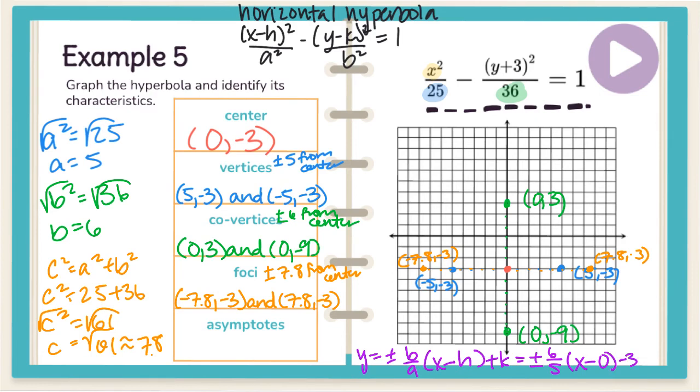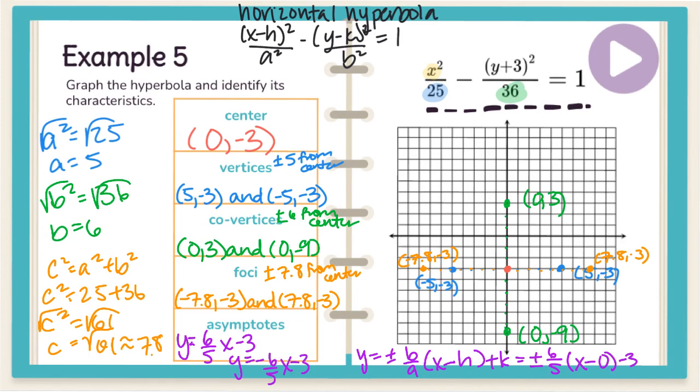So this becomes y equals 6 over 5 x minus 3, and y equals -6 over 5 x minus 3.